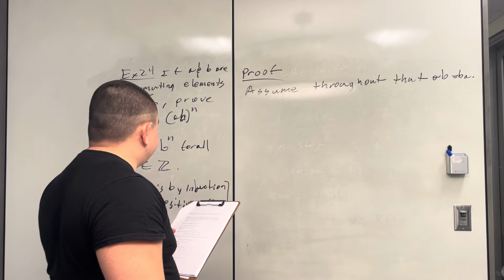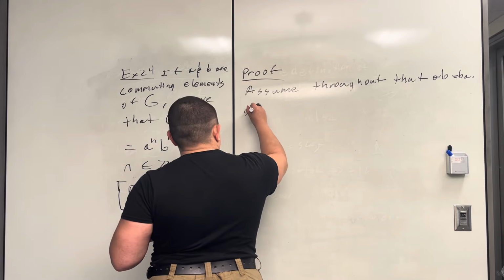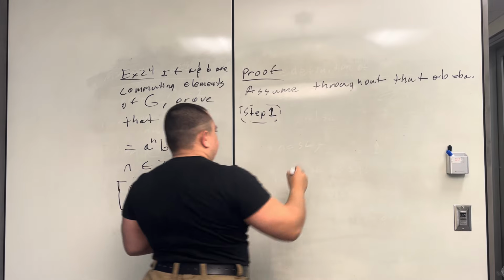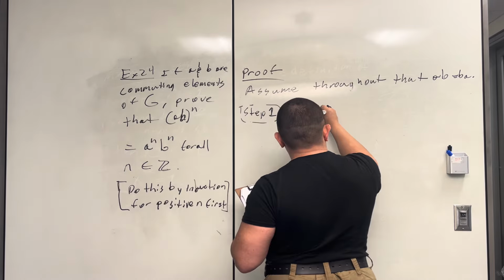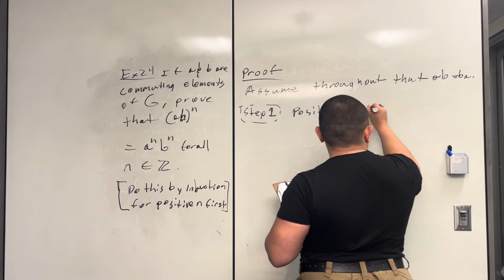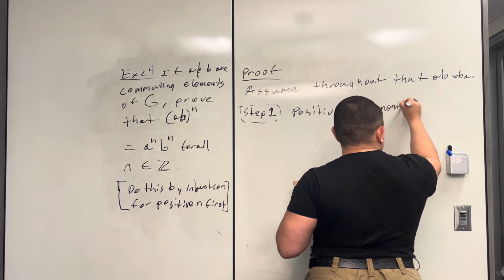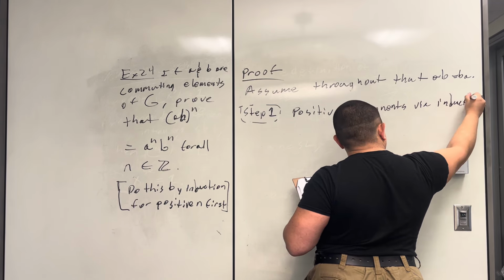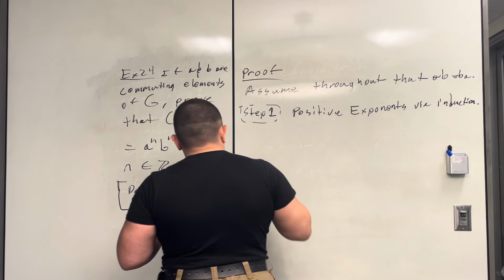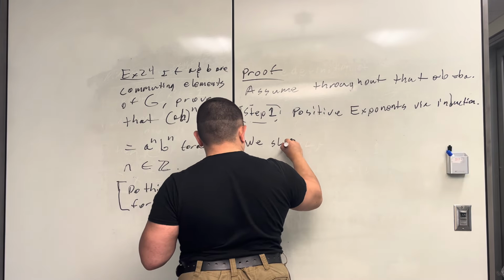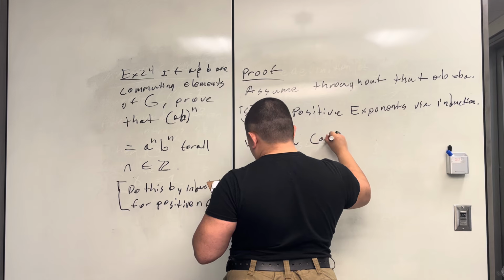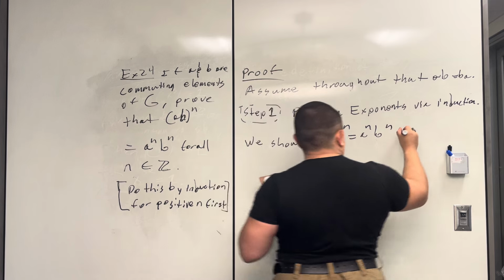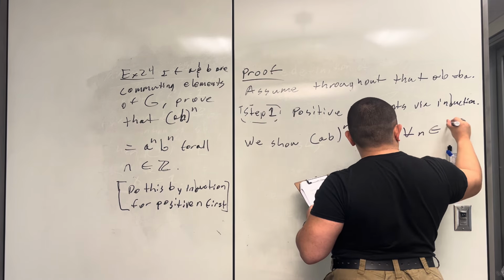Now, let's follow instructions here. Step 1: positive exponents via induction. We show (AB) to the power n is equal to A to the n times B to the n for all n within the positive integers.